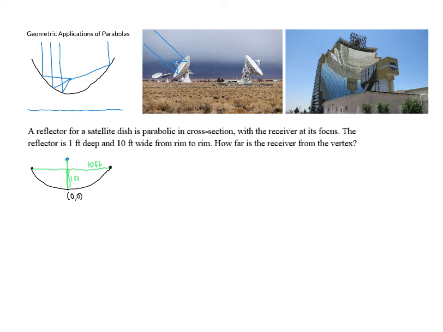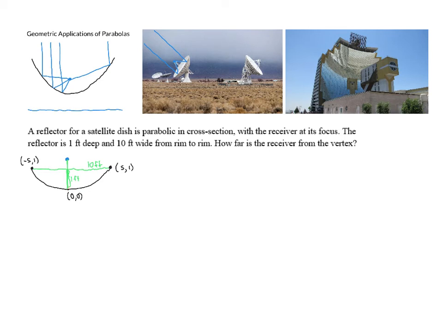Because we know the reflector is 1 foot deep and 10 feet wide, we can say that this side of the reflector is located at (5, 1), and the other side is going to be at (-5, 1). That gives us a distance of 10 feet in between them, and then 1 foot deep.